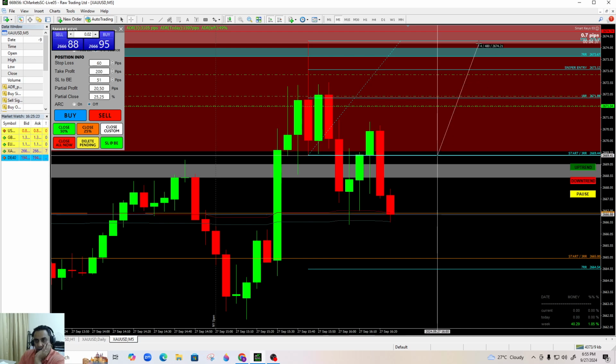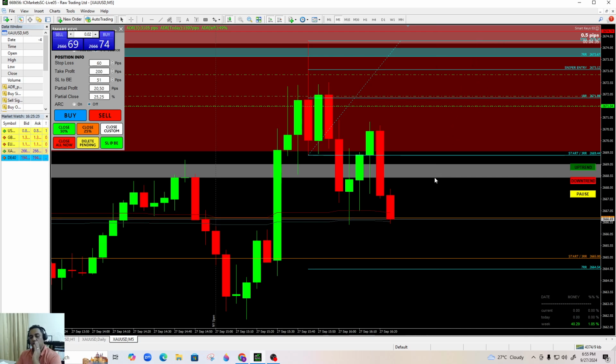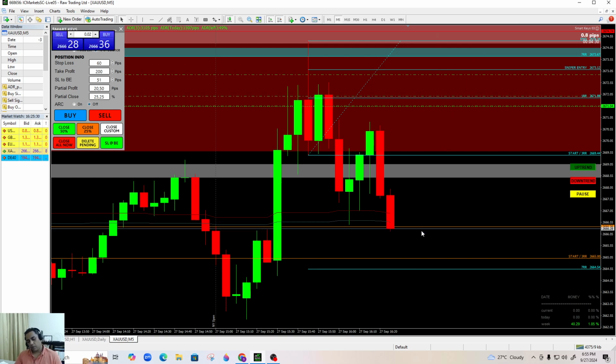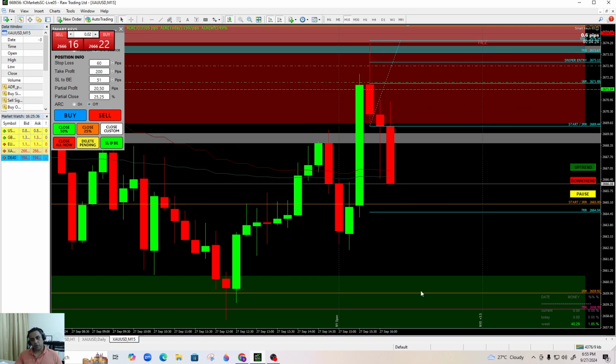But I can't take a trade there. I'm going to take a trade with a 49 pip stop loss. Yeah, we closed below. We're heading down. The 15-minute candle should close below as well.